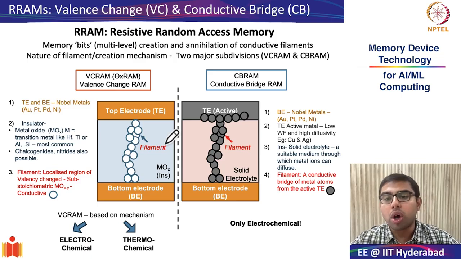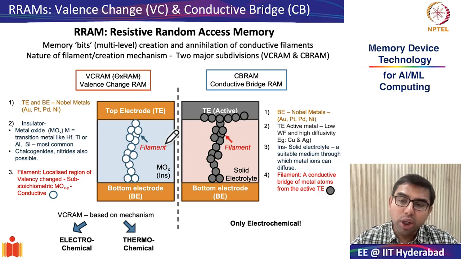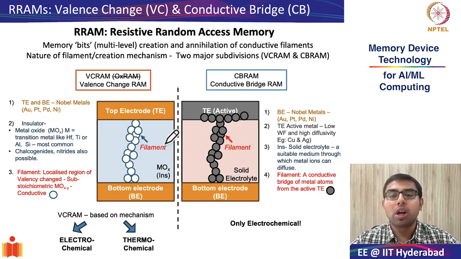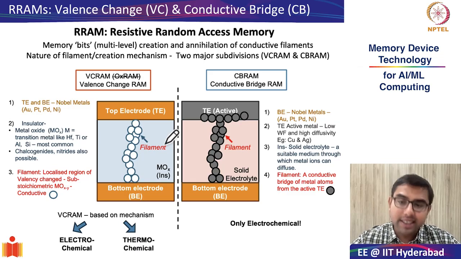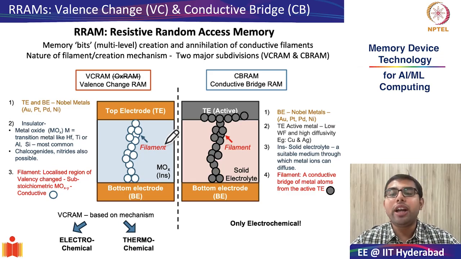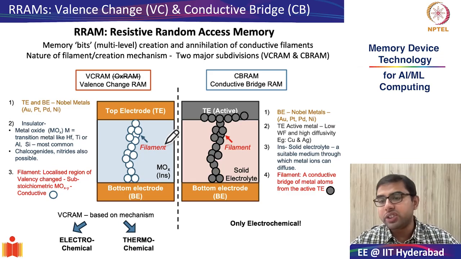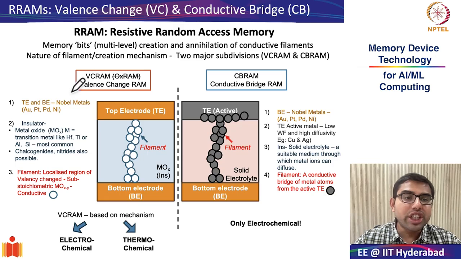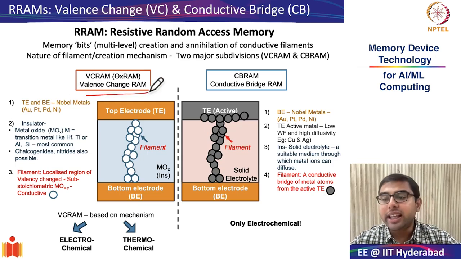Finally, depending on the nature and creation or dissolution process of these filaments, several varieties of RRAMs are present, but we divided them into two main subclasses called the valence change RAM, or VCRAM, and the conductive bridge RAM, or CBRAM.